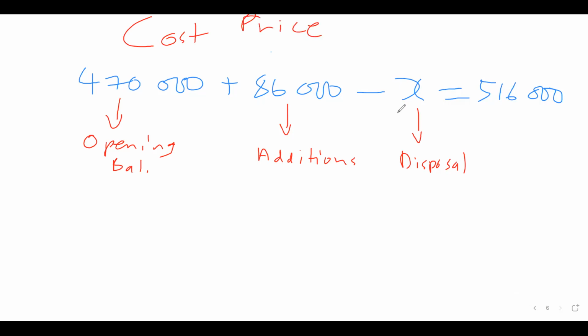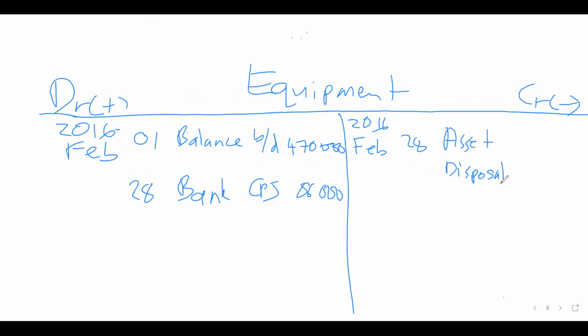What you're going to show in the equipment account is not at carrying values. Everything that you have here is at cost, not at carrying values. Are we together? Yes.